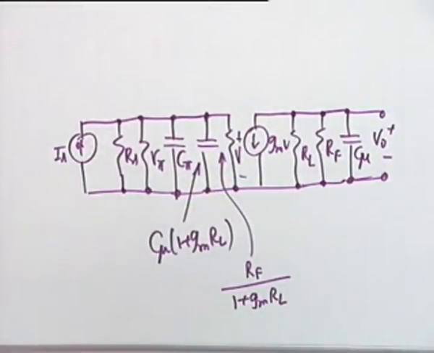Now, in order to analyze this, yeah. If we take RL as RL parallel RF, would it be a better approximation or worse? Perhaps. So you're asking whether it would be better or worse?